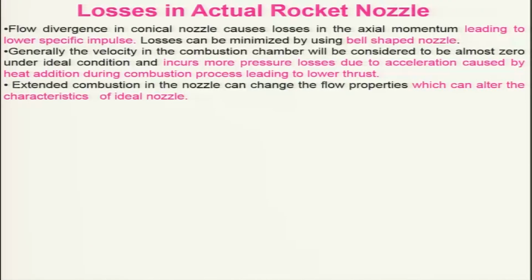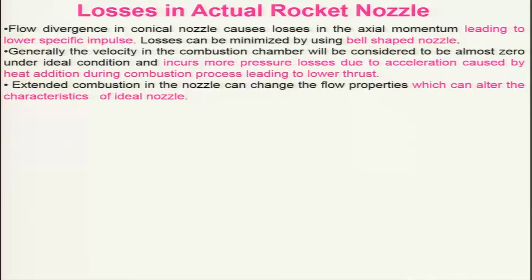So, that is also one of the reasons why the actual rocket nozzle performance is lower compared to the ideal one. Besides this, sometimes the combustion need not be completed in the thrust chamber. It can extend into the convergent portion of the nozzle, and as a result the flow properties will change, because equilibrium has not been reached, and so also the species and the temperature.